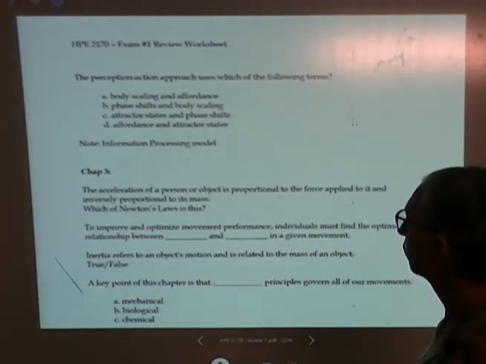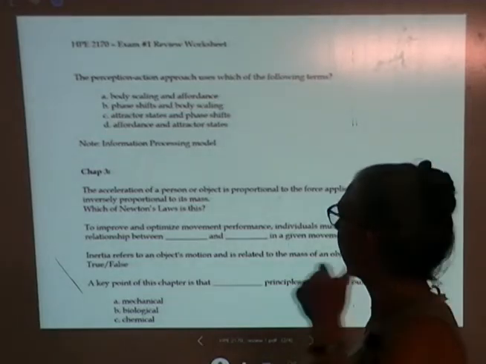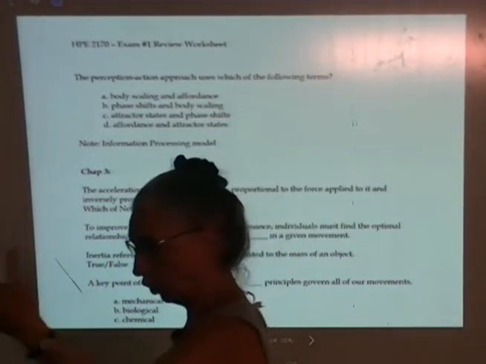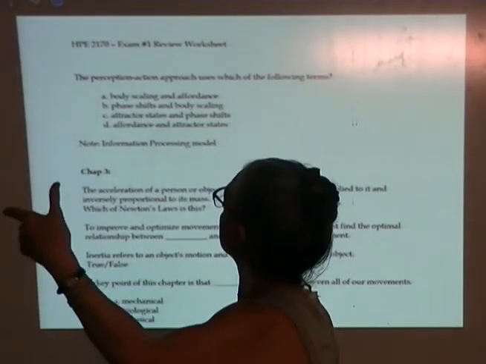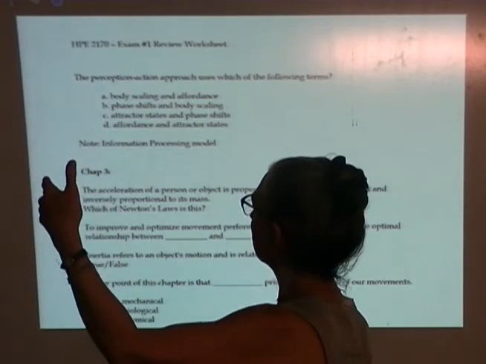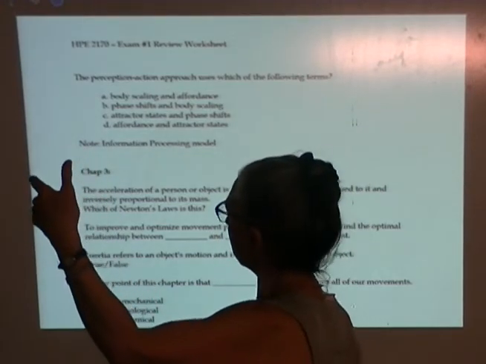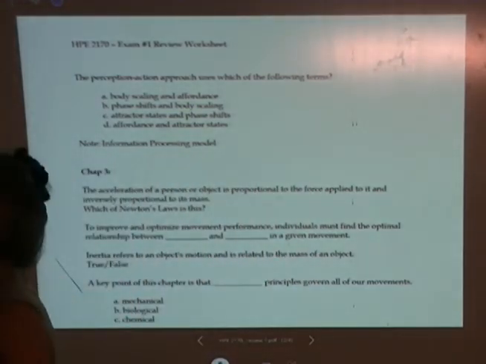I'm going to say body scaling. And okay, so either answer A or answer B. Good. Body scaling is correct. So is it answer A or answer B? I'm gonna say A. A, good.